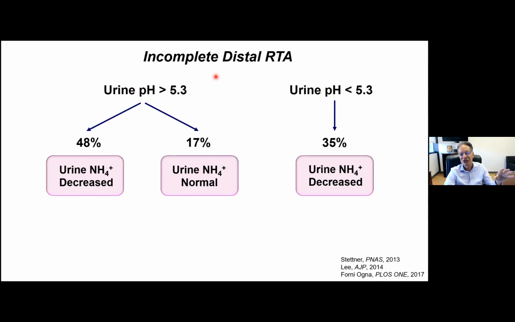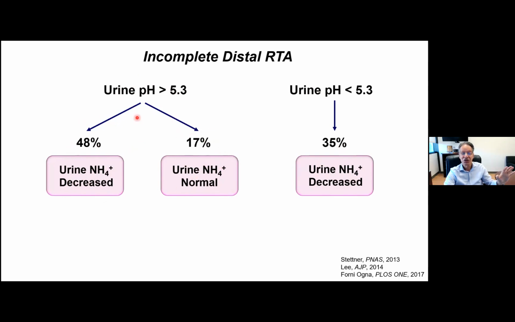Just know for your exam that incomplete distal RTA now is not felt to be one disease. So there are patients that have a normal acid-base status in their blood, normal acidification capability when you stress the system with ammonium chloride, but some of these patients are not able to increase ammonia normally in the urine as occurs in a typical patient. Then there are these patients that can't acidify the urine normally, can't increase the urine ammonia as you would expect, but there's a subgroup where the urine ammonia excretion does go up normally.